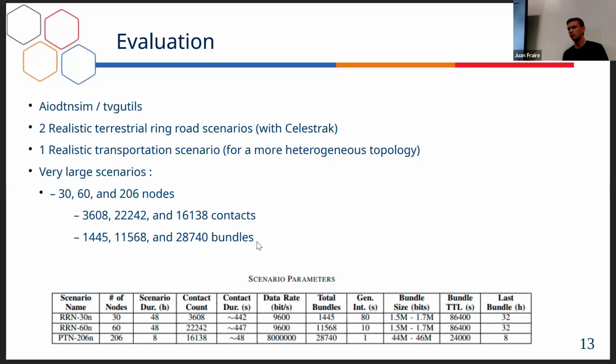Why do we want to do that? Well, if you randomly generate ring road networks, the network would be quite homogeneous. But if you have a transportation scenario, then you have routes which are very different, with some dead ends and so on, and you can see a bit more about how your volume management performs.